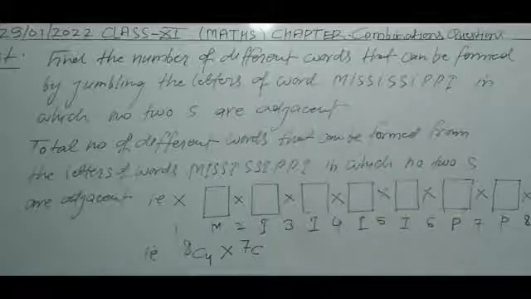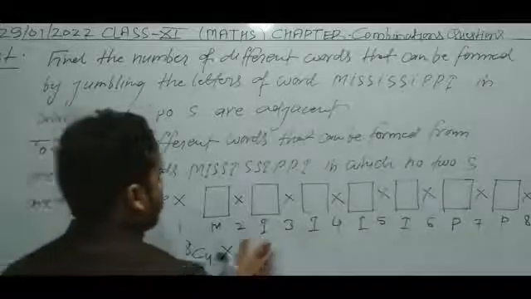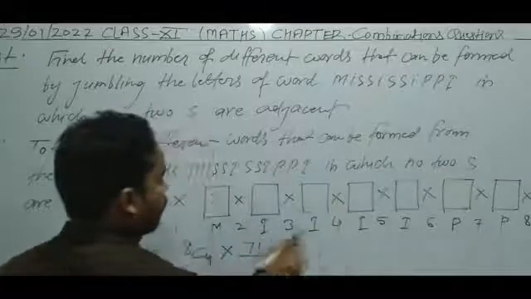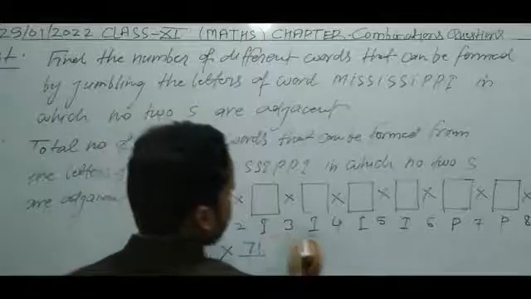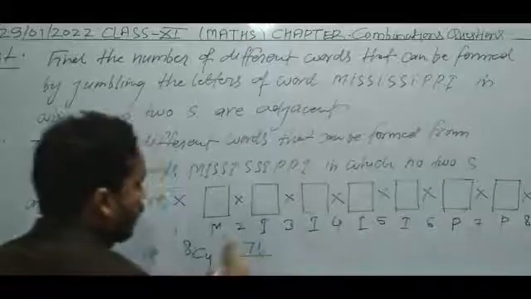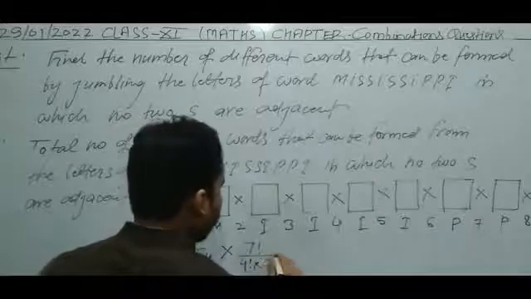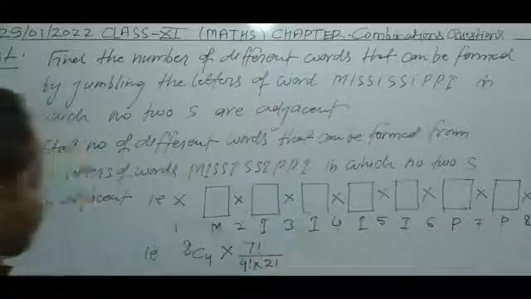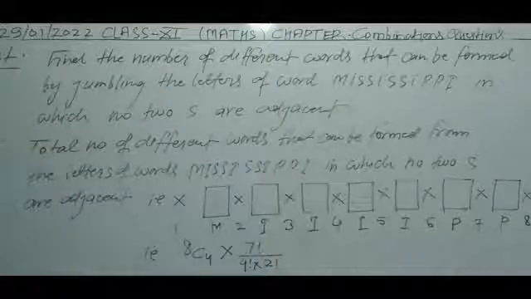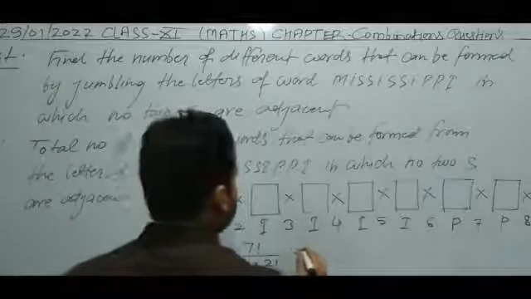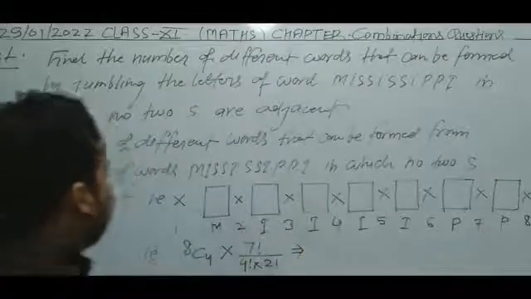These 7 alphabets we can arrange in factorial 7 ways, in which I is repeating 4 times, so factorial 4, and P is repeating twice, so factorial 2. Now this we can solve.